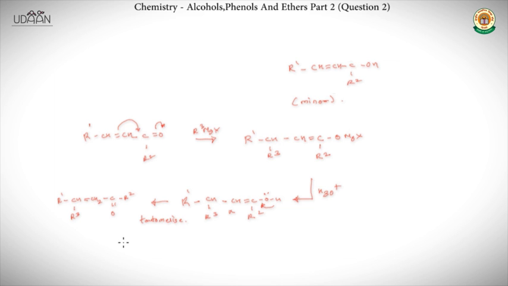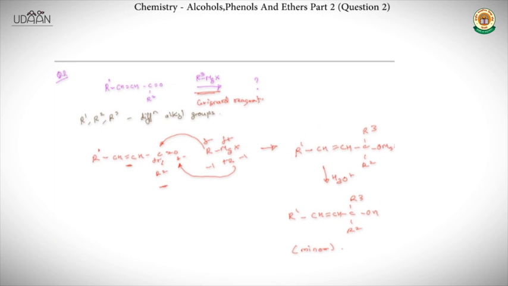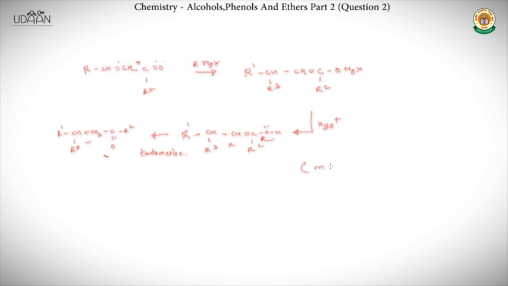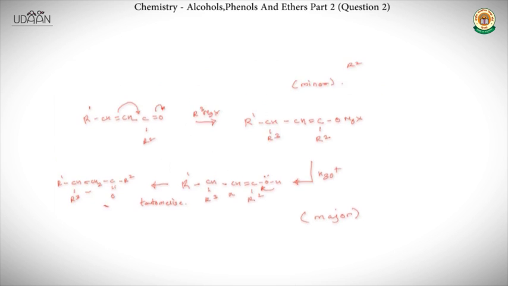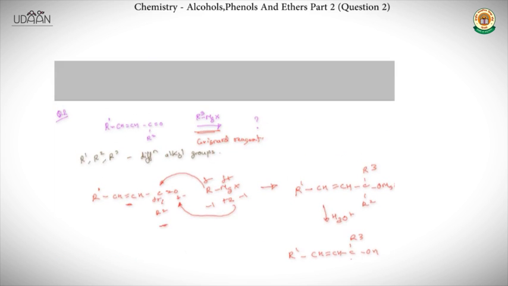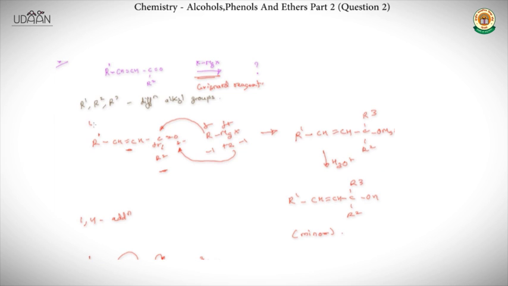And as you can see in this compound there is a conjugation and it's more substituted, whereas this compound doesn't have a conjugation. It's comparatively less substituted, therefore it is the major product, and it's thermodynamically also more stable. It is also called the 1,4 addition product, and the above one is called the 1,2 addition product.